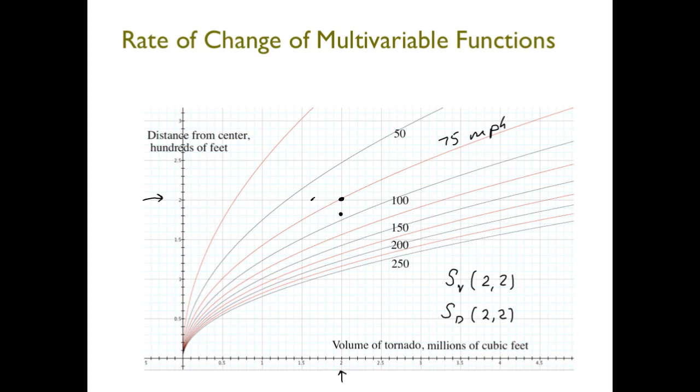You don't want to make too big of a change in volume, but at the same time you want to be able to pick off these lines. So I'm going to pick this point right here, halfway between 75 and 50 miles per hour, which would be 62.5.